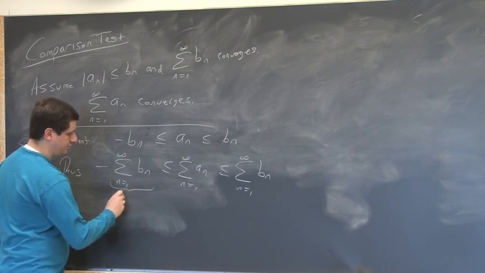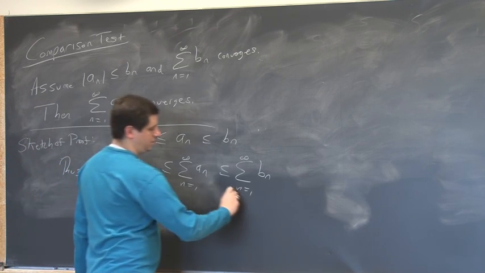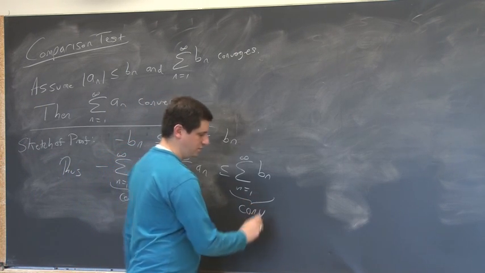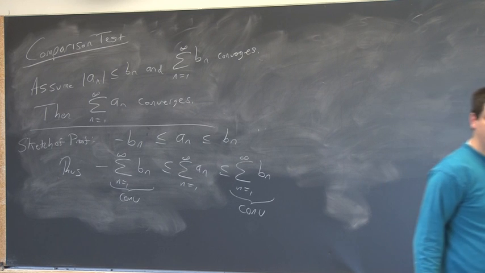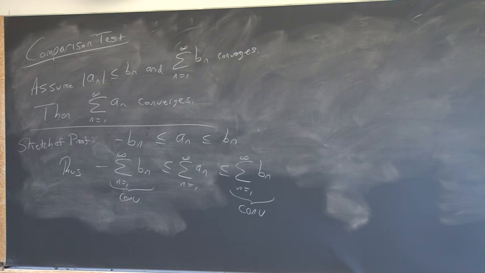This converges. This converges. We'd love to conclude that the sum in the middle converges as well. The problem is, what if it oscillates? And so to prove that it converges, we have to be a little bit more careful. And we have to use the fact that each an is between minus bn and bn.